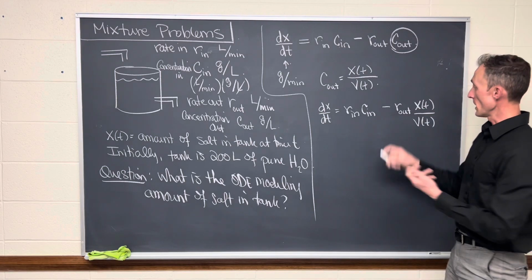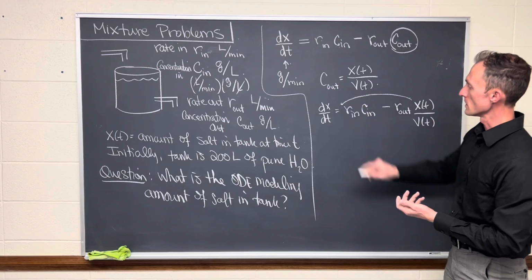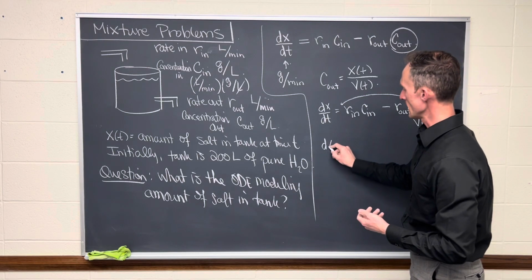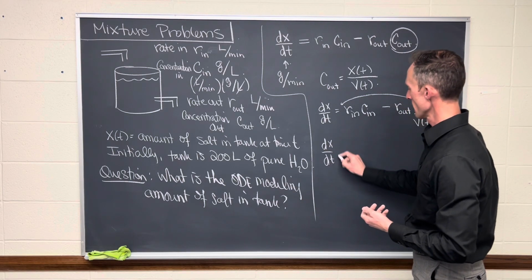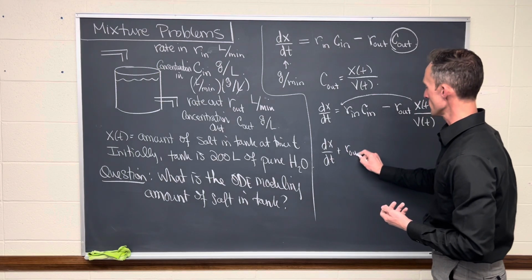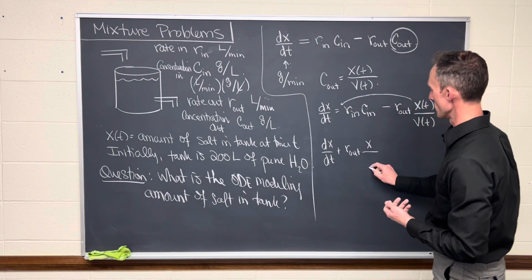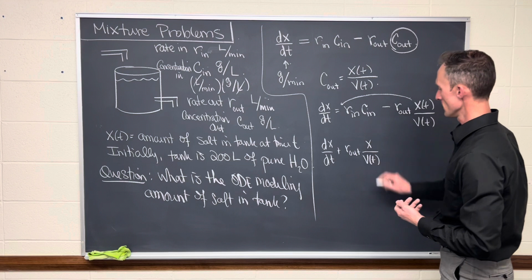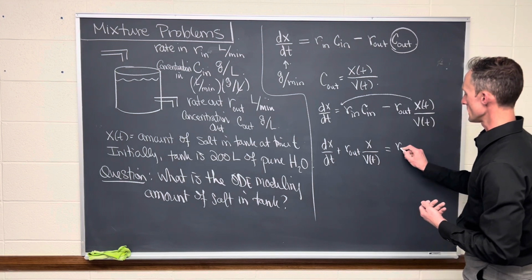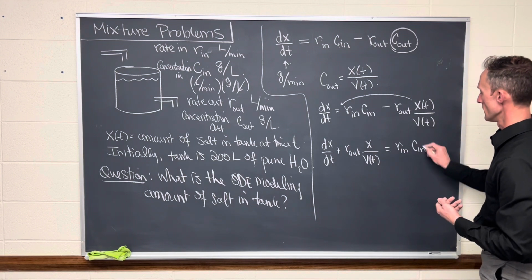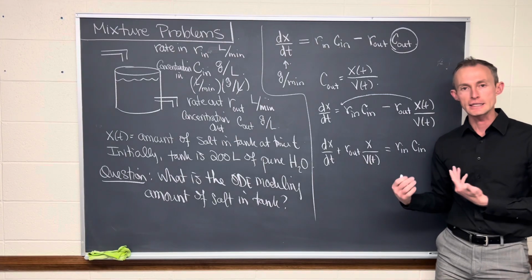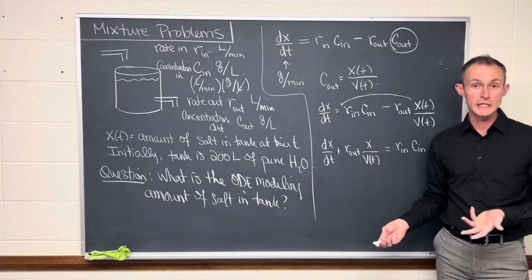Right? So now if I just move this over, I get dx/dt plus rate out times x over v of t equals rate in times concentration in. And I recognize this immediately as a linear first order ODE.